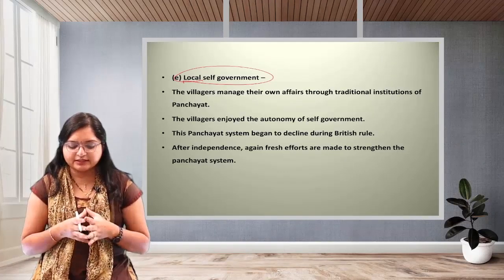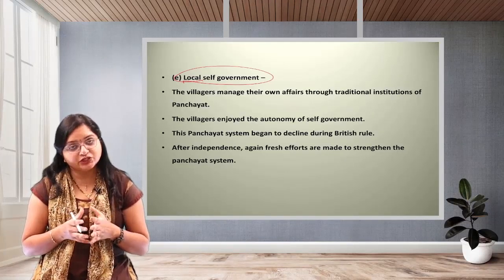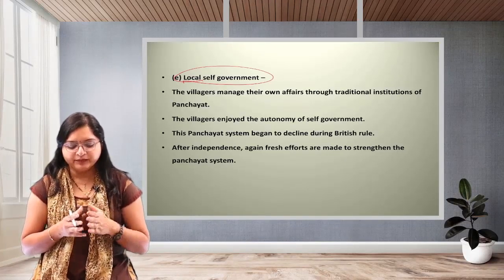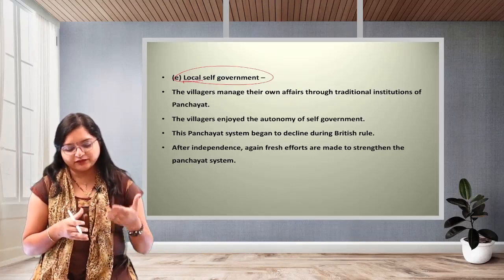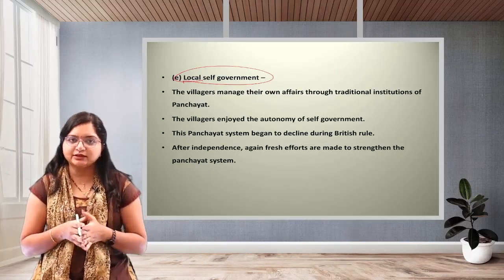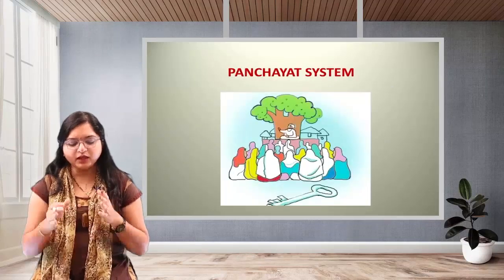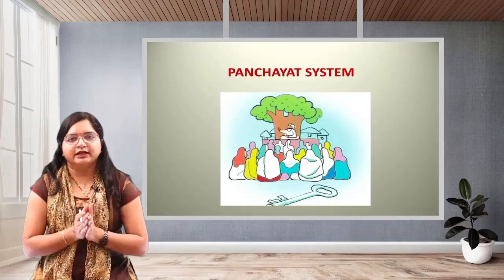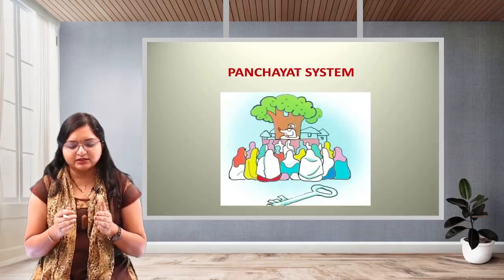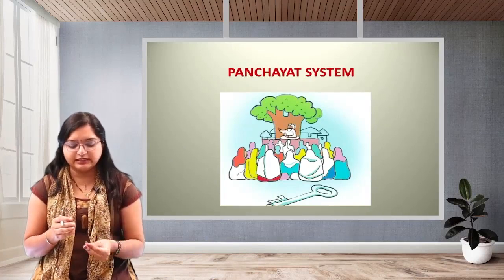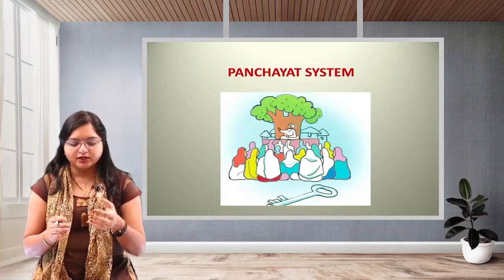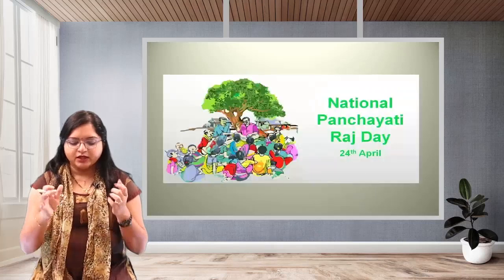The panchayat system began to decline during British rule. After independence, fresh efforts were made to strengthen the panchayat system. So now we are going to learn about the panchayat system, which is basically seen in the village community only. So we'll see the panchayat system.